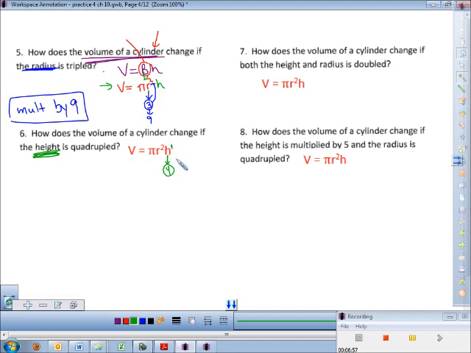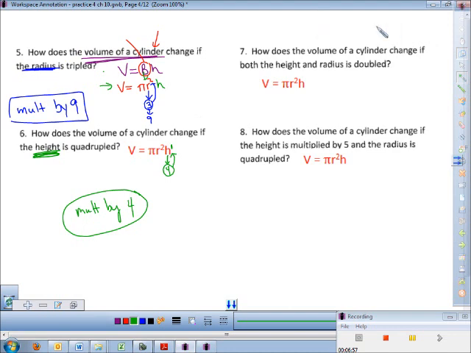Well, h is only being raised to the first power, so I just got to take 4 to the first power, and 4 to the first power is 4. So if I quadrupled the height, that's only going to change the volume by multiplying it by 4. So it's just check out the variable that they affected, go to it, and raise that number to whatever power, whatever exponent that variable is being raised to.